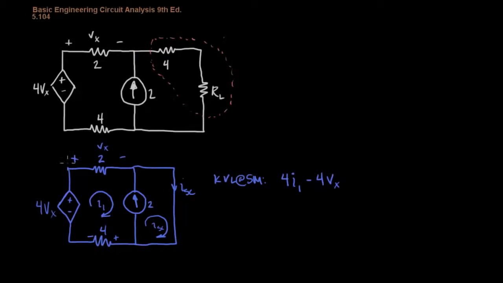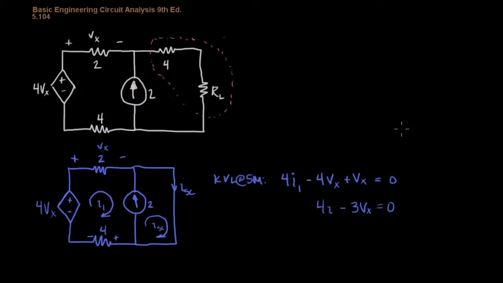And here we go through positive Vx. And that's it. That takes us back around to 0. So to simplify this, we have 4I1 minus 3Vx equals 0.